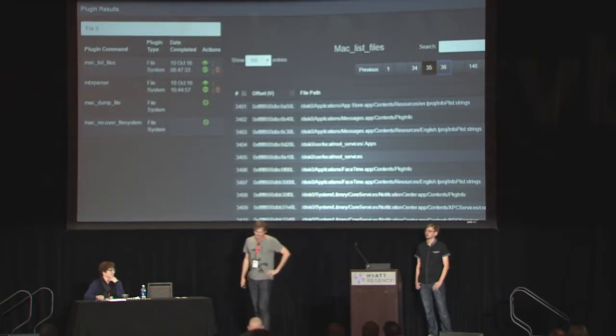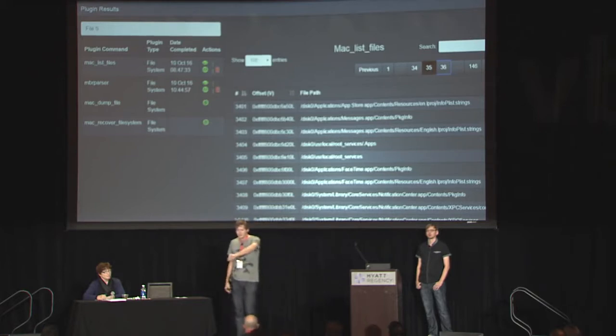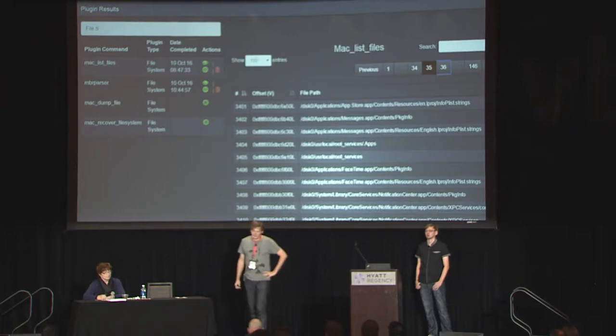And the final thing, the mac_list_files plugin. Actually, you have memory, you don't have a file system, but there are references to files in the kernel memory, and these are extracted. Note that one page is 100 entries, and there are 146 of these pages, so there are a lot of references.